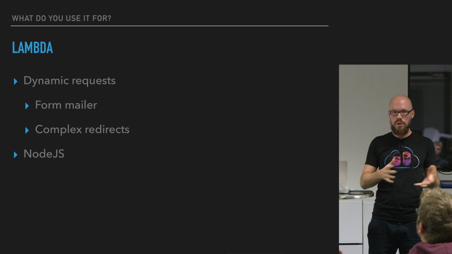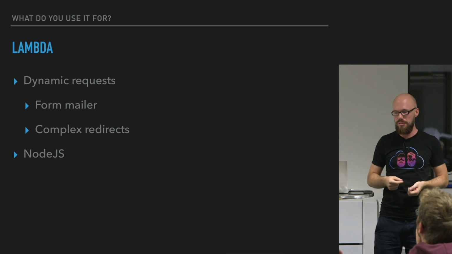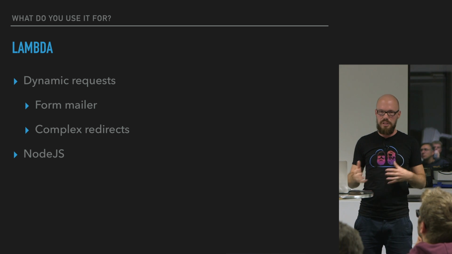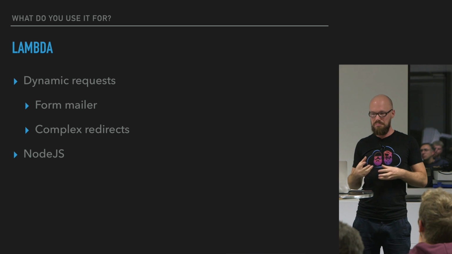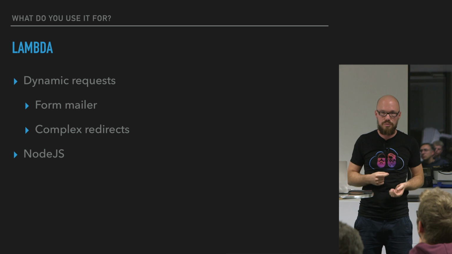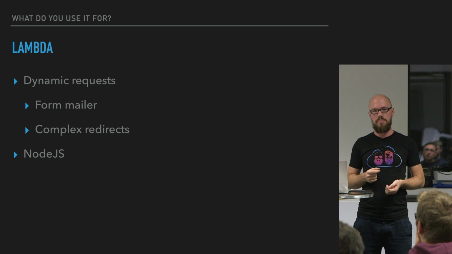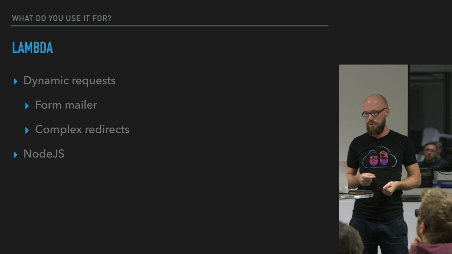If he's coming from Austria, he's being redirected to Amazon.de, and so on and so forth. And I built a little Lambda for this, which basically finds out the location of the user based on their IP address, and sends a redirect back via API Gateway to send them to the correct store.